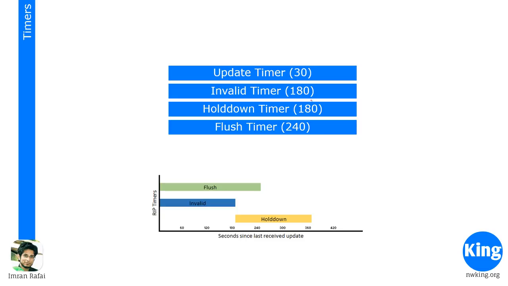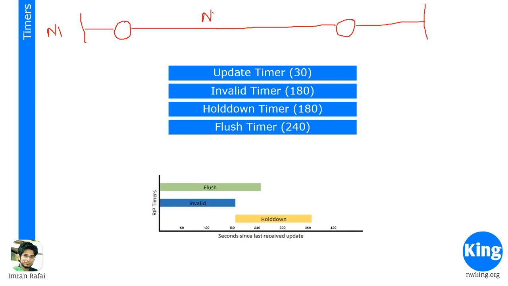Let's say this is router 1 and this is router 2. This is network 1, N1, this is N2, network 2, and this is N3, network 3.